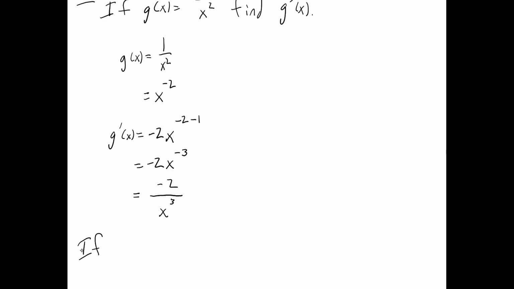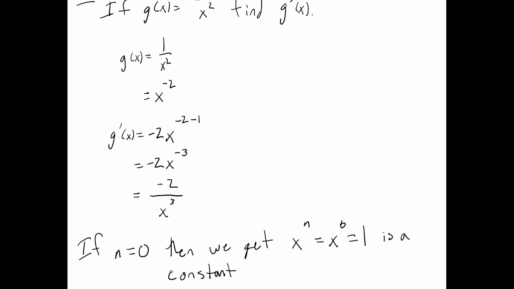Now, just because I'm sure somebody's probably thinking it, because we've said, well, if n's positive, if n's negative, what happens if n equals 0? Then we get x to the n is equal to x to the 0, which is equal to 1, which is a constant, thus its derivative is 0.